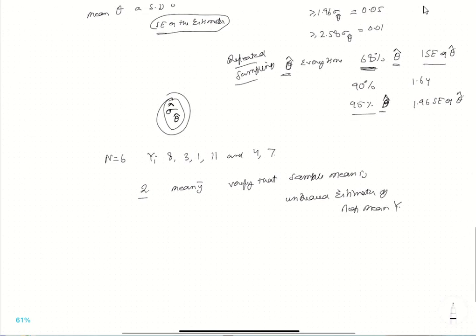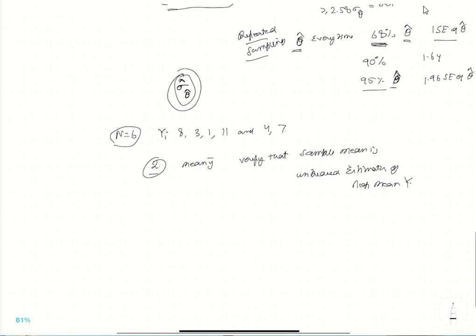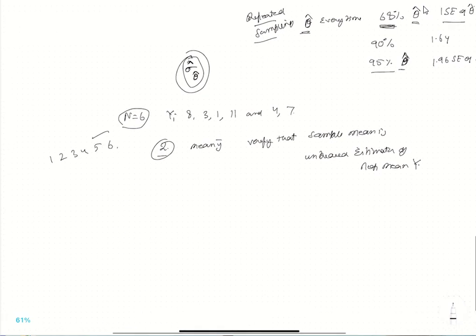So the point is that if you have an N of 6 and you want to take a sample of 2, the population units are 1, 2, 3, 4, 5, 6. So how many samples can you take? Six choose 2, which is going to be 15.